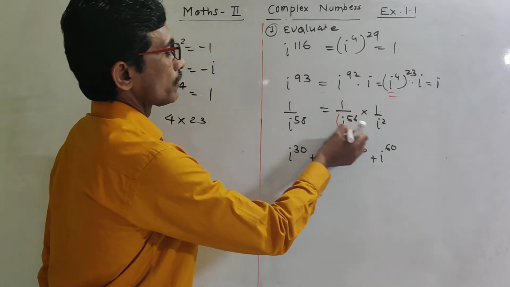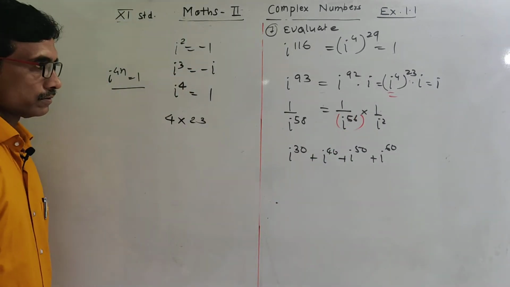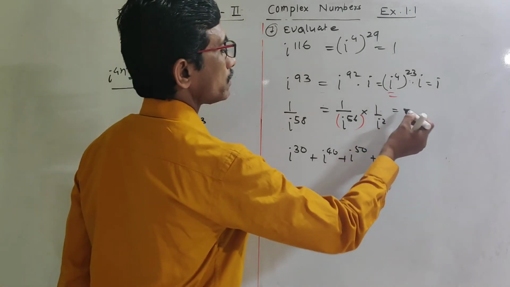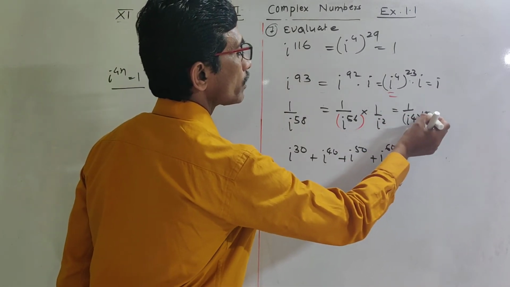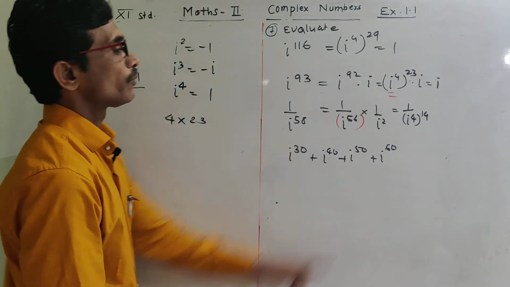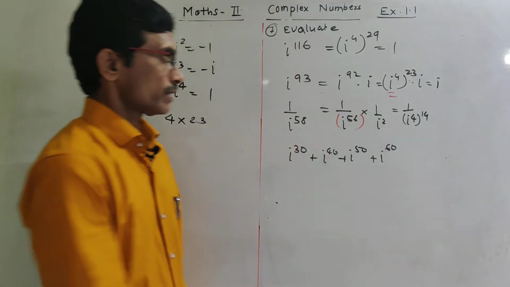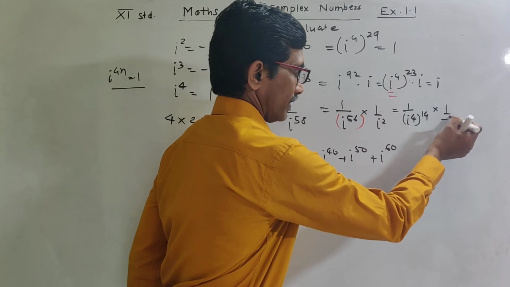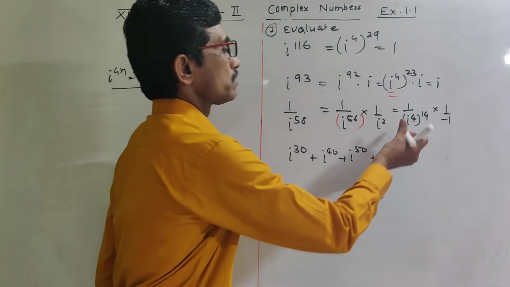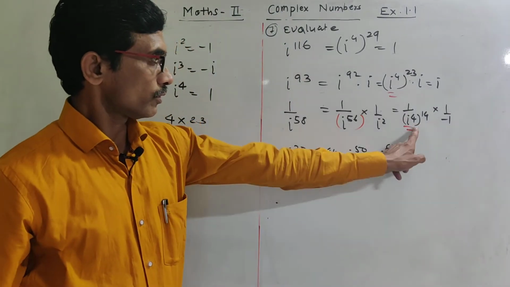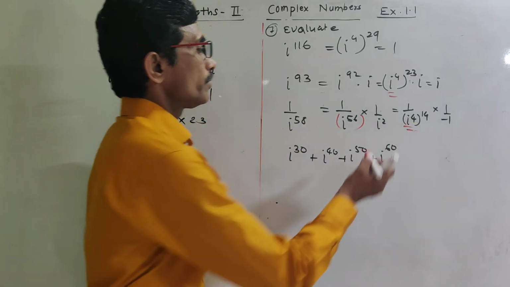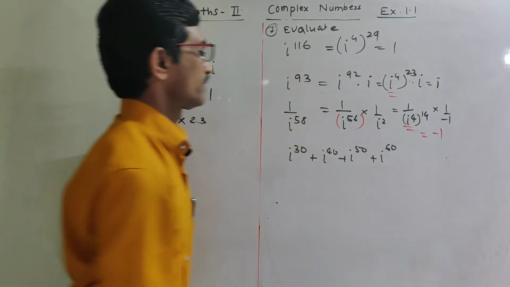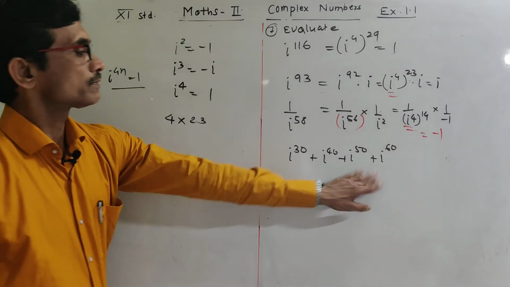So 56 is i raised to power 4 and 14, and i squared is minus 1, so it is 1 upon 1 into minus 1. i raised to power 4 is 1, so our answer will be minus 1.